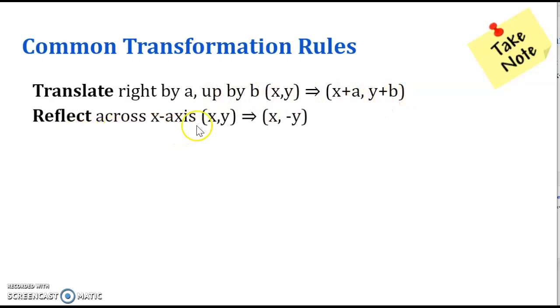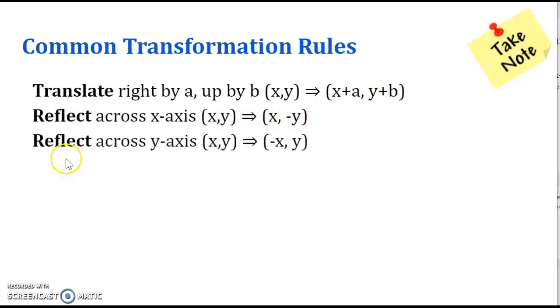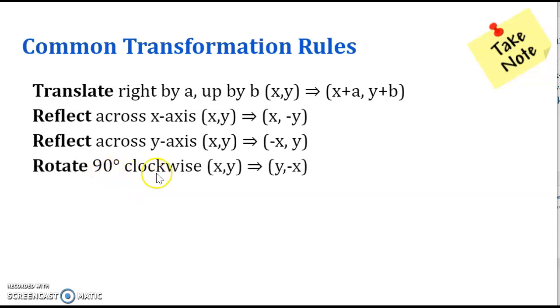Reflecting across the x-axis, the x stays the same, but the y will become negative version of it. And reflecting across the y-axis, the y will stay the same, but the x will become negative version of it. And then rotating 90 degrees clockwise, x and y, they will swap, but as well as the x, where it becomes y here, becomes a negative version.